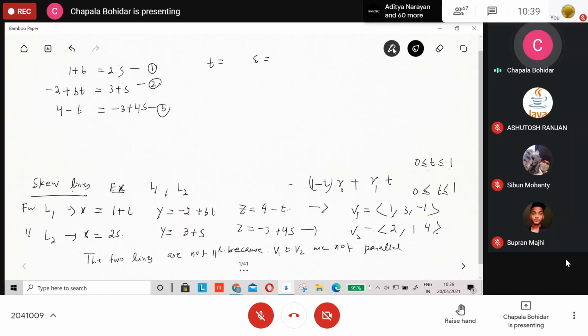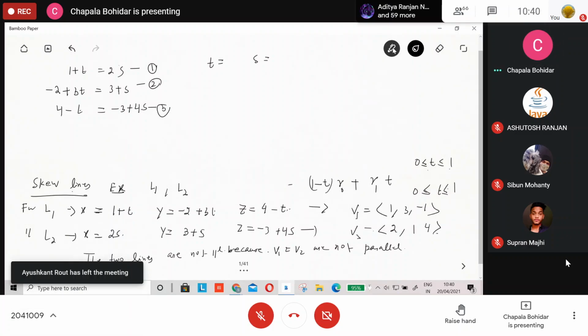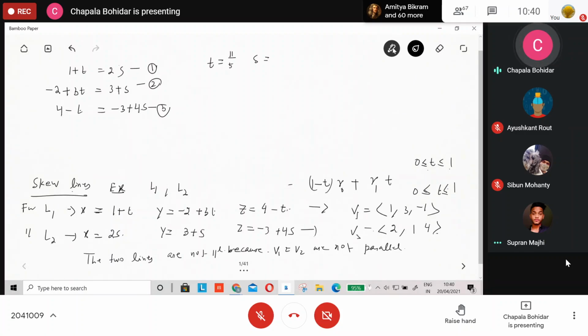Multiply 3 here or multiply 2 here. Tell me. Ma'am, t is equal to 11 by 5. Yes. s is equal to 8 by 5.